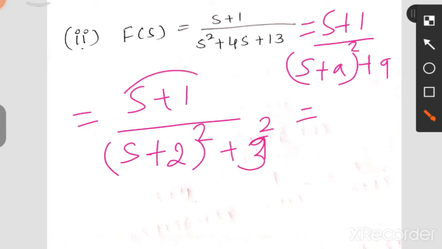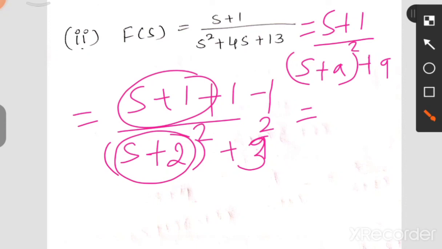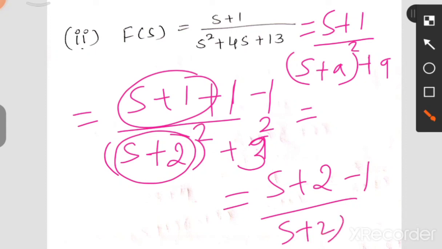Now observe, numerator is different and denominator is different. So to make this s plus 1 and s plus 2 same, I'll add plus 1 and minus 1 in the numerator. Nothing is going to change. So it will be s plus 2 minus 1 divided by s plus 2 whole square plus 3 square.